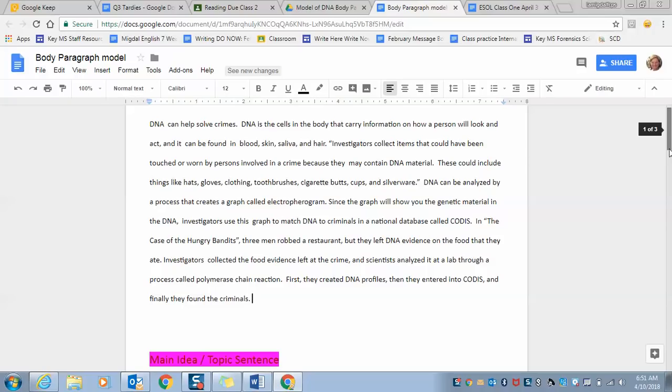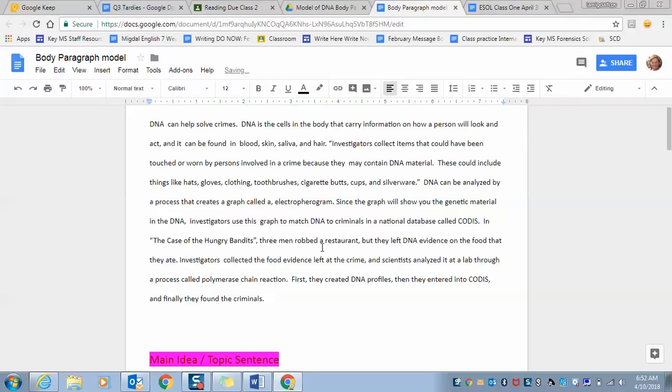Unquote. DNA can be analyzed by a process that creates a graph called an electropherogram. Since the graph will show you the genetic material in the DNA, investigators use this graph to match DNA to criminals in a national database called CODIS.